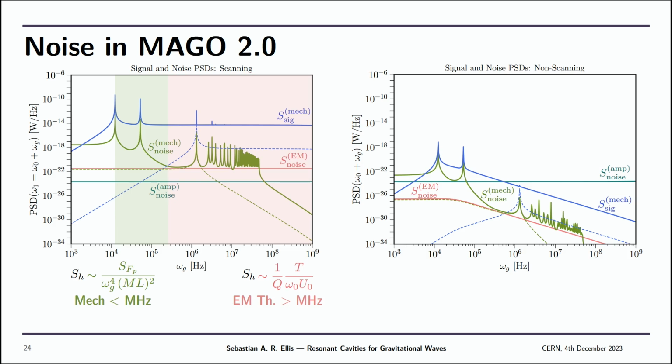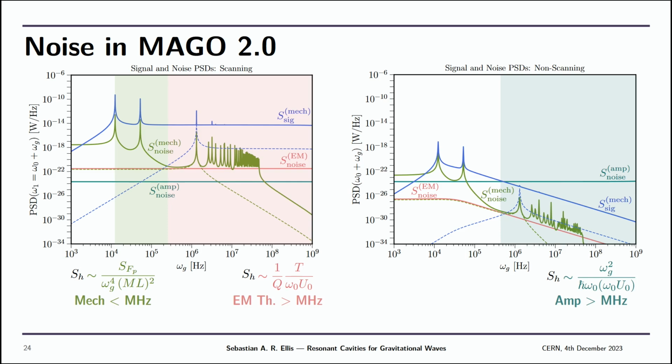If I do the non-scanning experiment, you see that indeed my signal gets suppressed when I'm above the resonance that I selected. Remember, in the non-scanning setup, I fix omega_1 minus omega_0, but I look anyway at omega_1 minus omega_0 at some omega_g, and you'll see that it's suppressed by the Lorentzian, but so are other noise sources, with the exception of amplifier noise, which I said was external to the cavity.